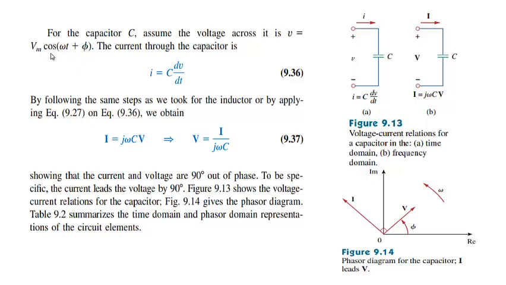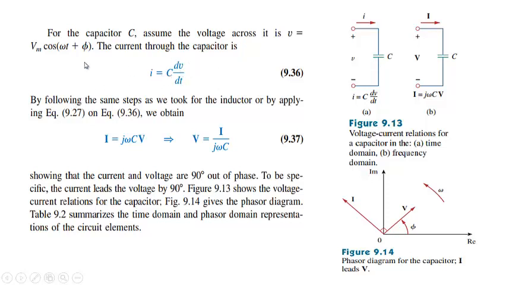It is just for convenience, because if I assumed I here, then I would have to integrate it and also calculate some constant of integration, so to avoid that I just use the voltage itself and calculate the current. The current flowing through the capacitor is given by this relation, I = C dV/dt. This we have also derived earlier.